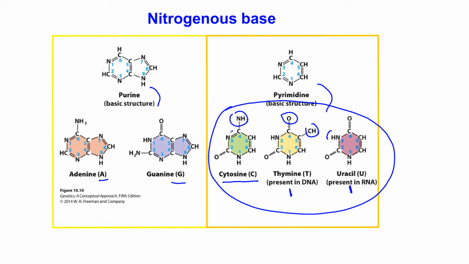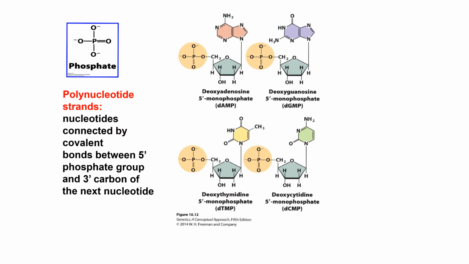If you take a deoxyribose or a ribose sugar and put it together with a base, together they form a nucleoside. The third component of the nucleotides is phosphate, which is outlined right here.